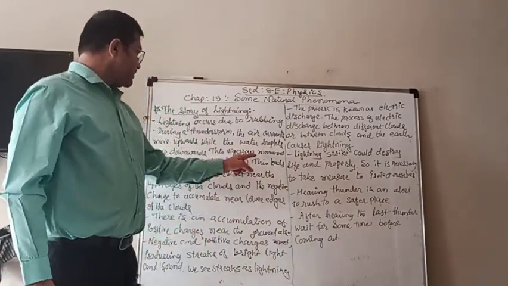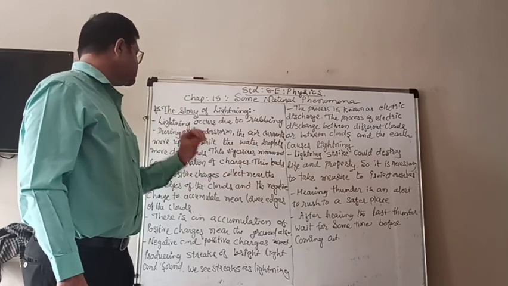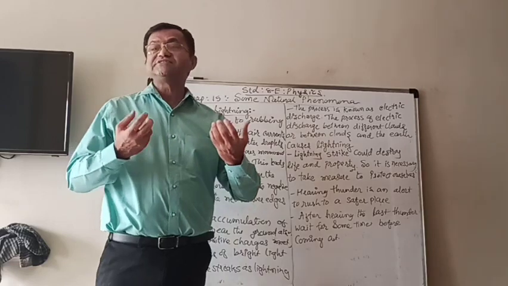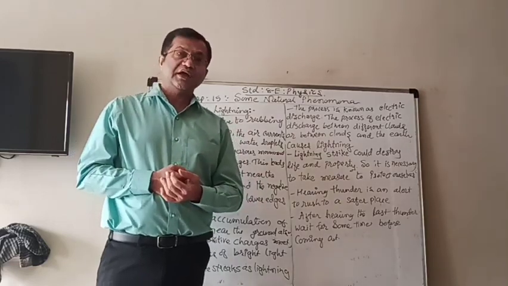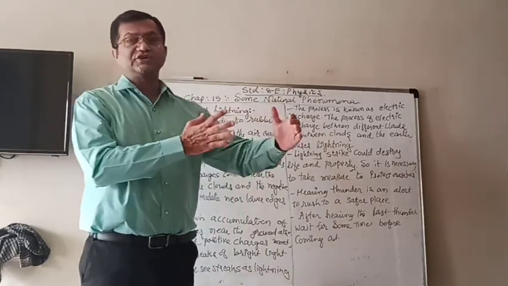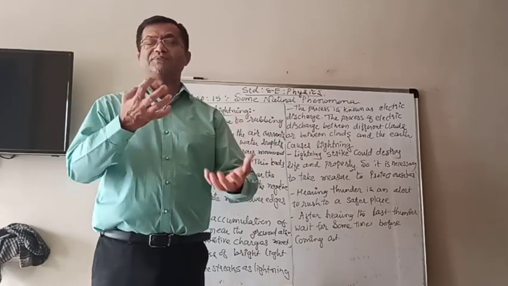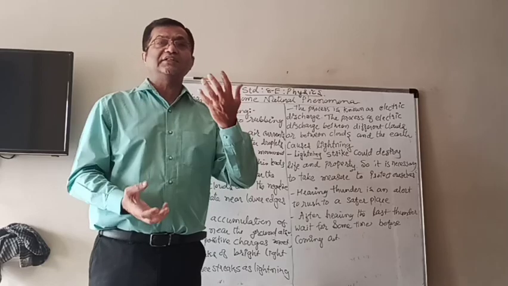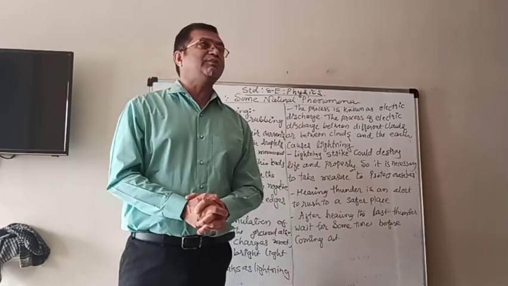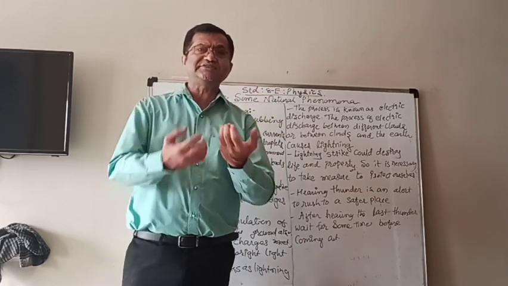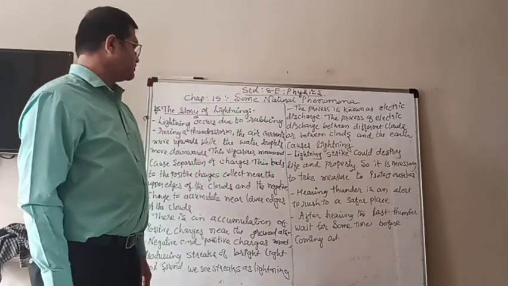This vigorous movement causes separation of charges. As we talked about, positive and negative charges are produced because of that vigorous movement and rubbing between them, so both types of charges get separated.